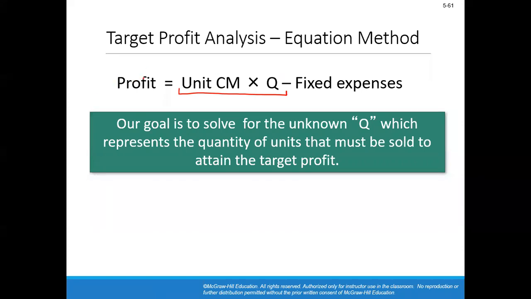But here our target profit is not 0. Our target profit is a positive number. Obviously, you do not expect a target loss. So we have a target profit of some amount, and we want to solve for Q for that amount.